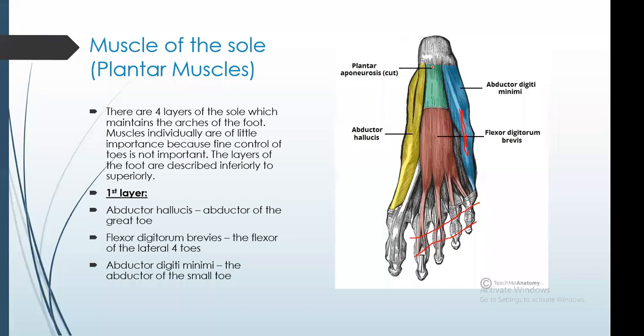It is basically a triangular shape, which is like this. I'm drawing this. So in red, the apex is on the calcaneum and the base fans out to the four lateral toes. So this shaded area is the plantar aponeurosis.